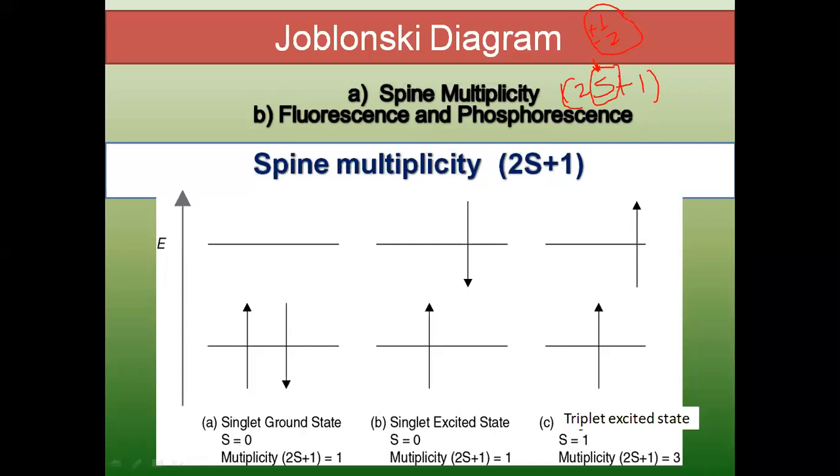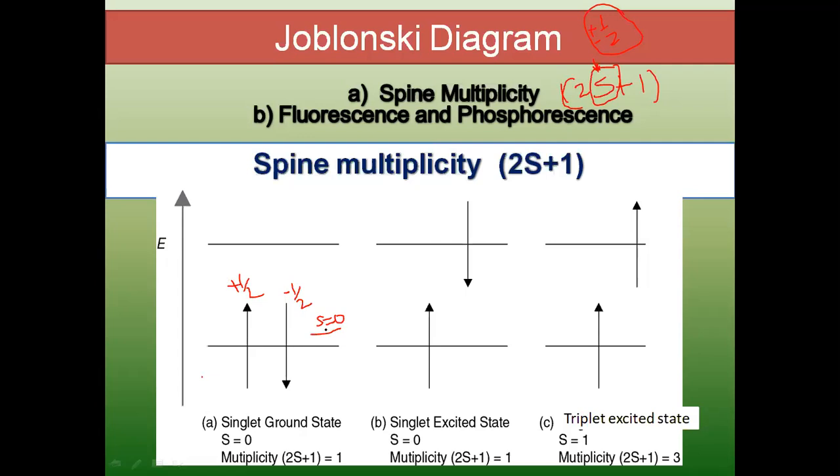If you consider this condition, two electrons in one energy level, pairing of electrons is there, so you can see plus half spin for this electron and minus half spin for this electron. So total spin for this pair is S equal to 0.